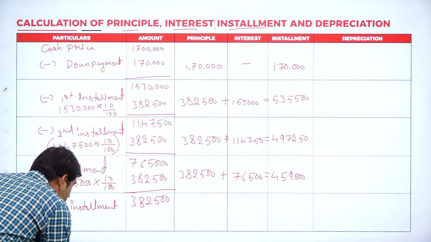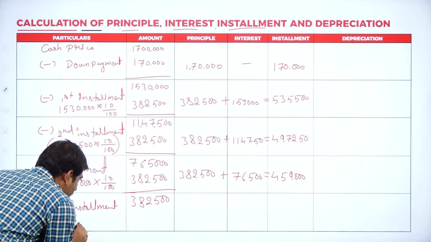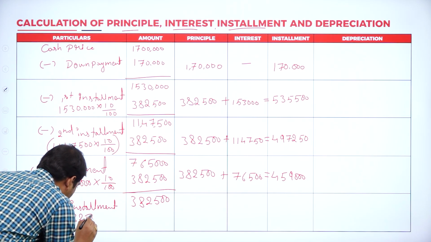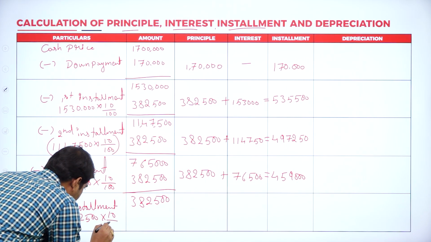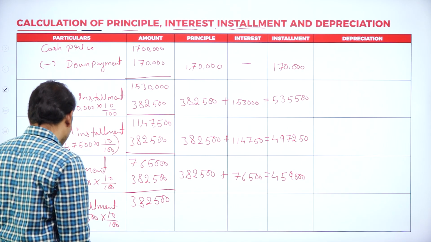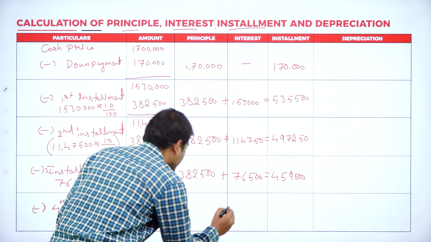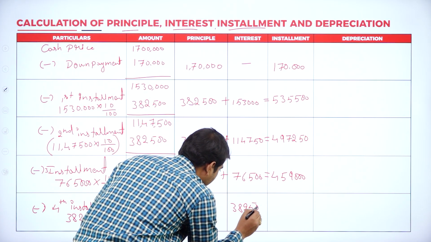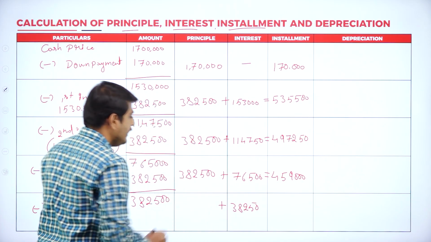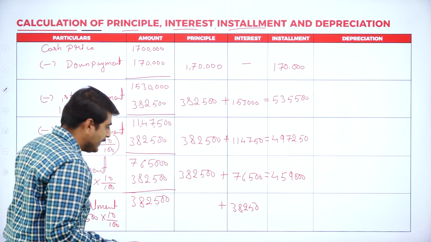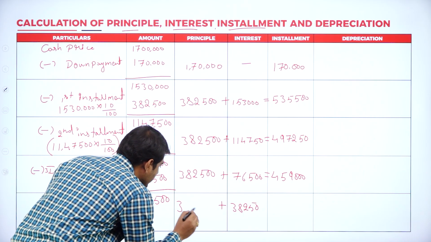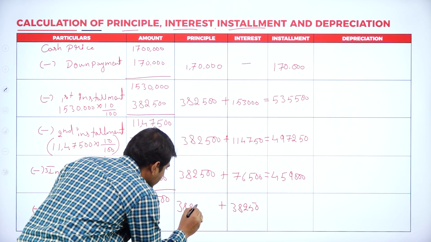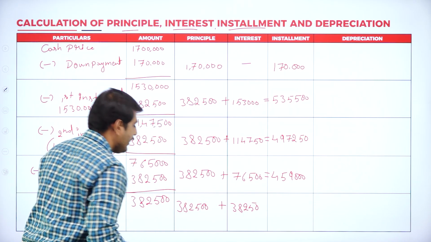We have to calculate interest: 3,82,500 into 10% is 38,250. 38,250 is our interest, and we know the principal is the same for the fourth year also, 3,82,500.